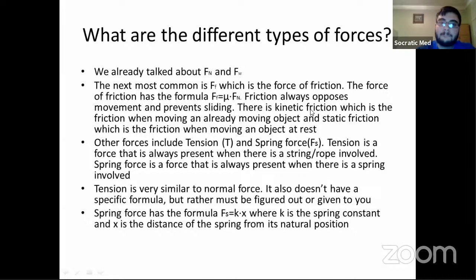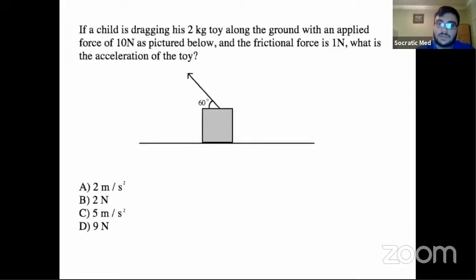They may also ask you to find the spring constant if they give you the force of the spring and the distance, the x. So it's very simple. It's essentially the stiffness or elasticity.